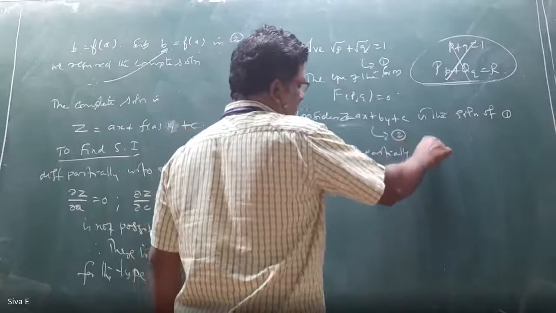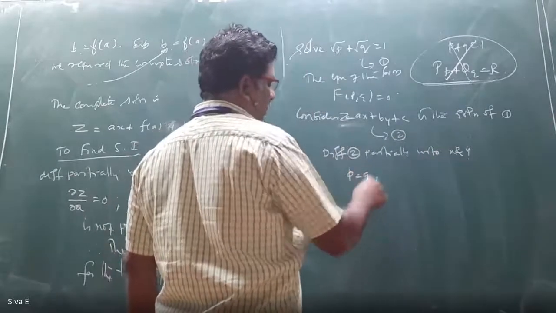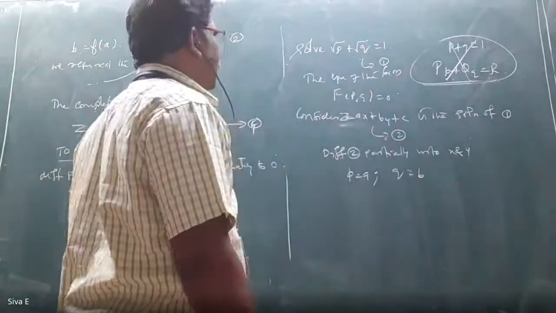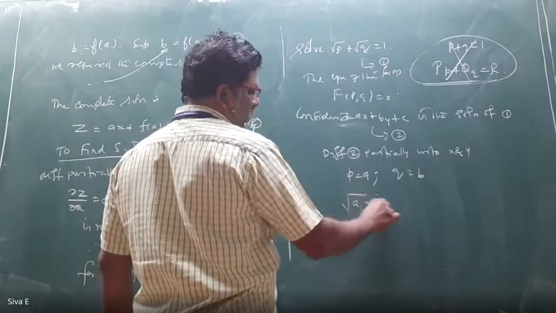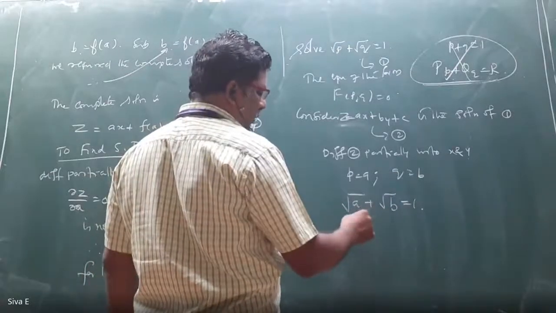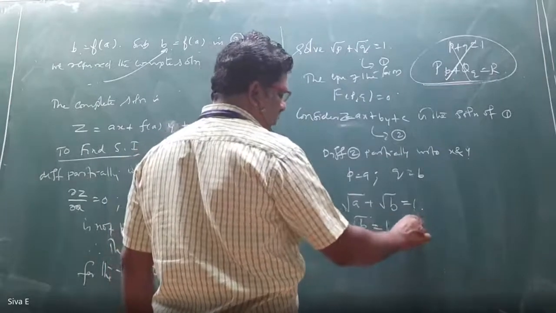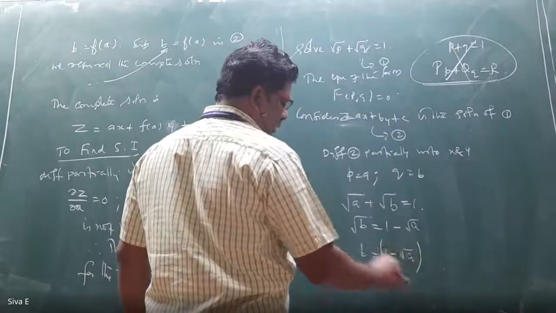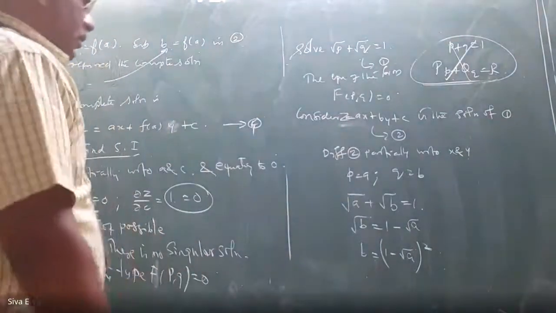Differentiate 2 partially with respect to x and y. We get p equal to a, q equal to b. Substituting in 1, we get root a plus root b equal to 1. Then root b equal to 1 minus root a, so b equal to 1 minus root a whole square.